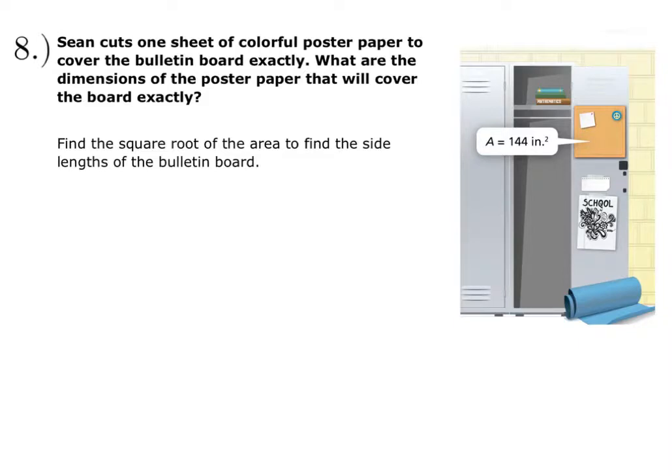Find the square root of the area to find the side lengths of the bulletin board. So let's write about our area. Right over here in the locker, it tells you that our area is 144 inches squared. So please write that down.